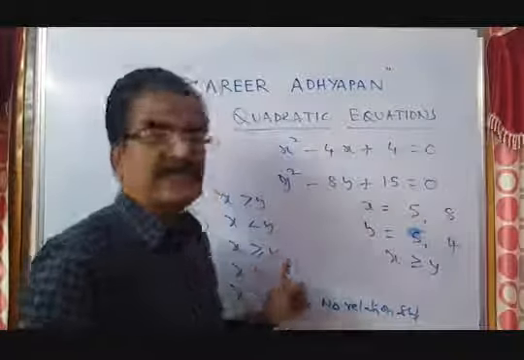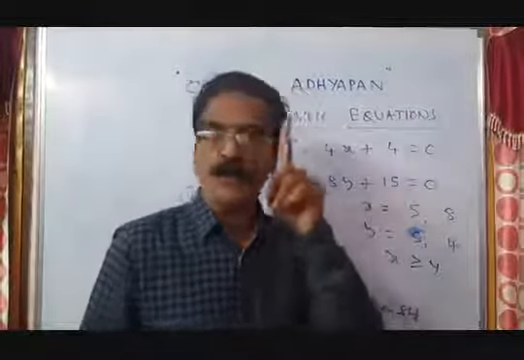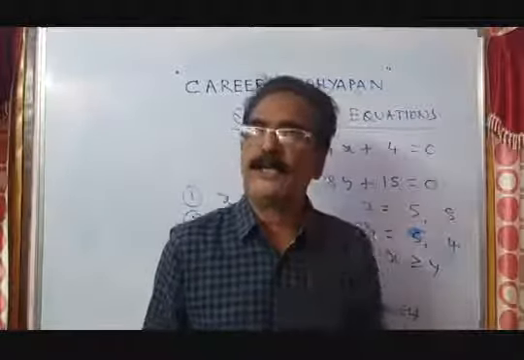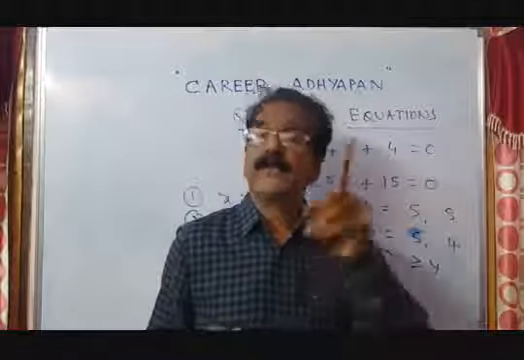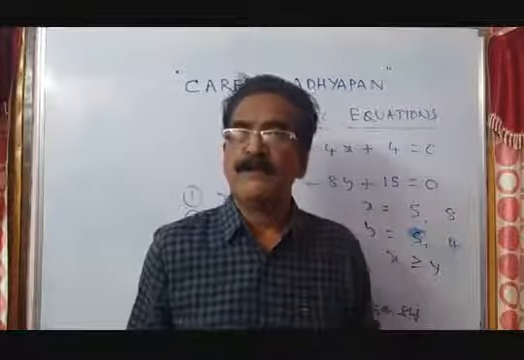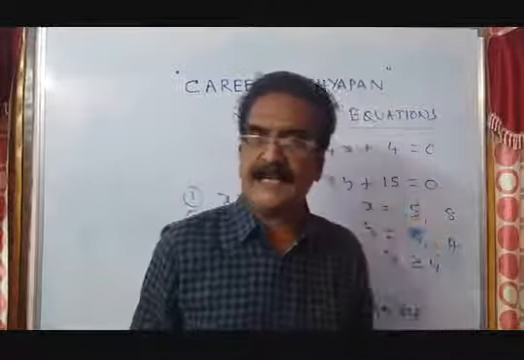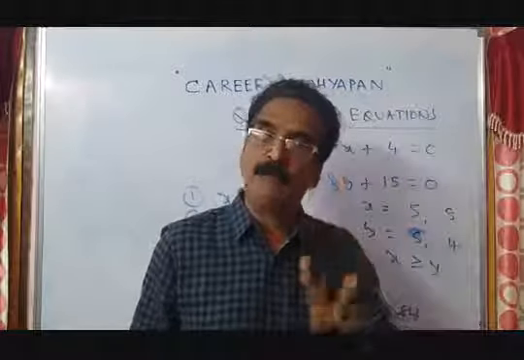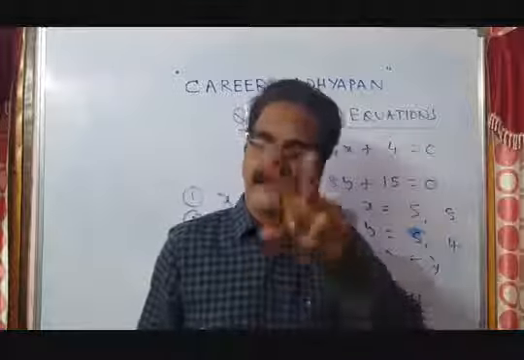So in that case you have to select the option x greater than or equal to y. You have to compare both the values of x with both the values of y. Then only you have to establish the relation between x and y. You don't compare only one x value and then establish the relation. Don't do like that.